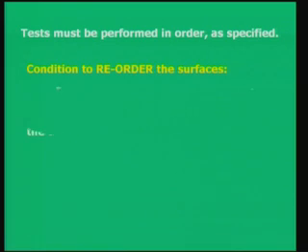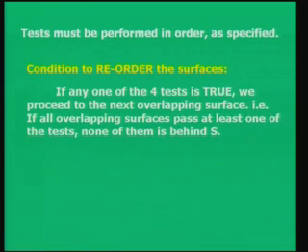Okay. So, we go back to the last few points. The tests must be performed in order as specified already, and the condition to reorder the surfaces is that if any one of the 4 tests is true, I repeat, if any one of the 4 tests is true, we proceed to the next overlapping surface, that is, if all overlapping surfaces passed at least one of the tests, none of them is behind the surface S, which must be rendered now.